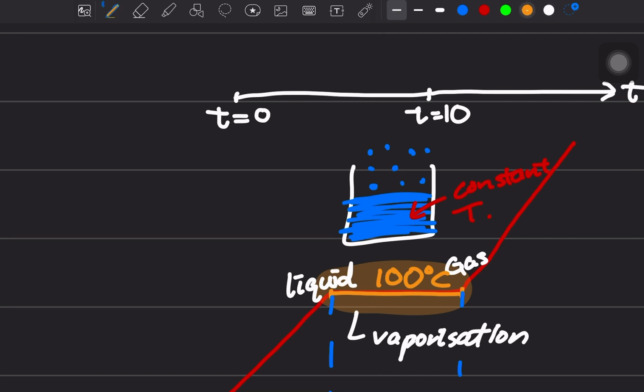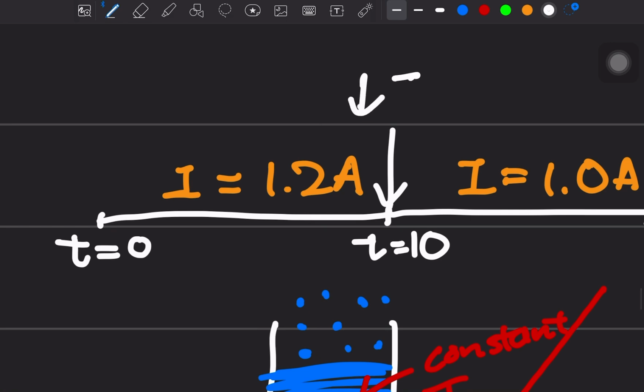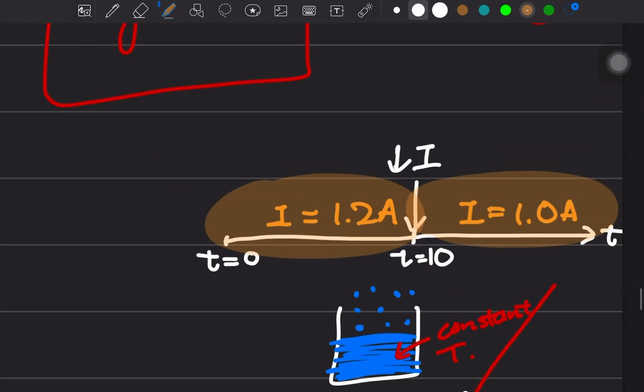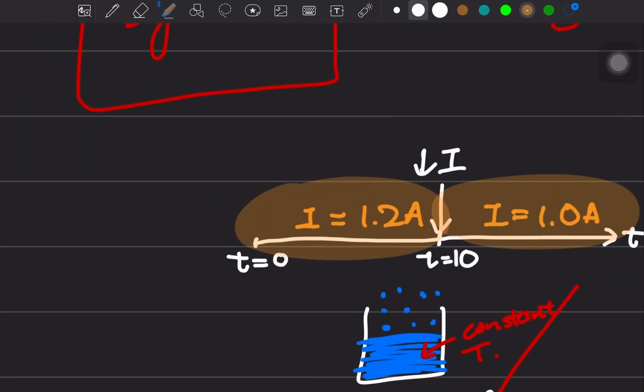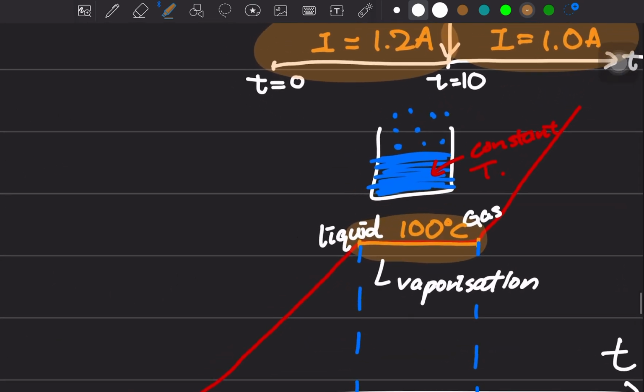In this interval, we have an I of, I think it was 1.2 according to my memory. And here onwards, it's 1.10, 1.0. At this point, there's a reduction in current. But the question is saying that before and after, they have the same energy loss, essentially. So why could that be the case?